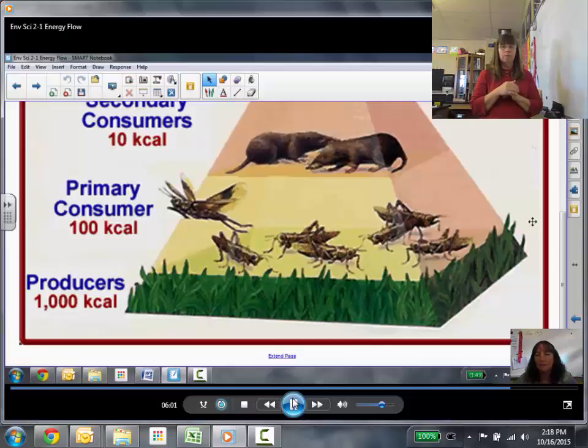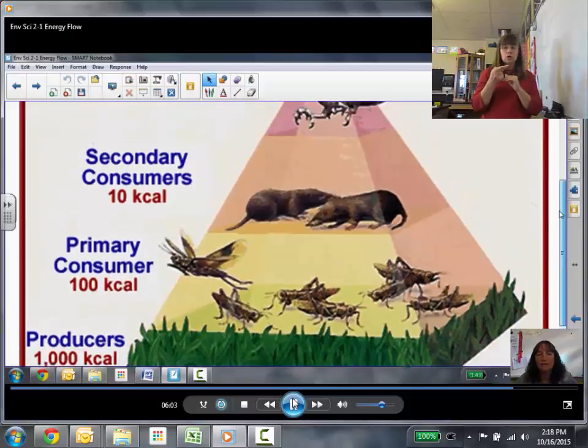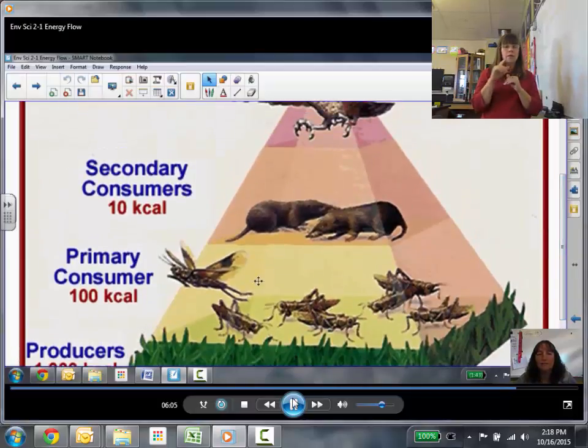Then the shrews, our secondary consumers, eat the grasshoppers, and the shrews are only getting 10 kilocalories, because that's only 10% of 100. So 90% of that 100 kilocalories is used by the grasshoppers just in order to live.